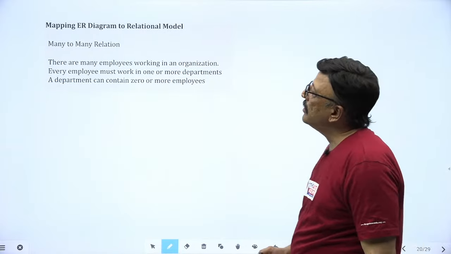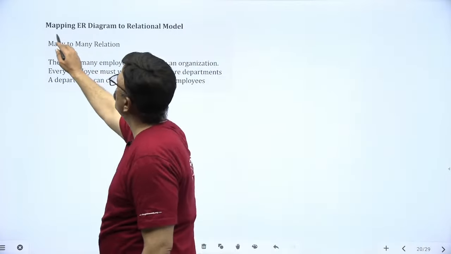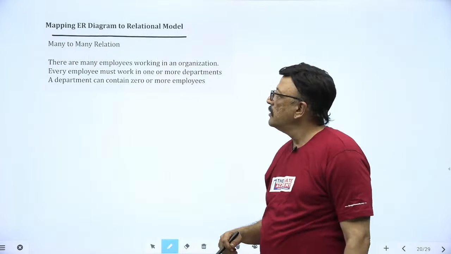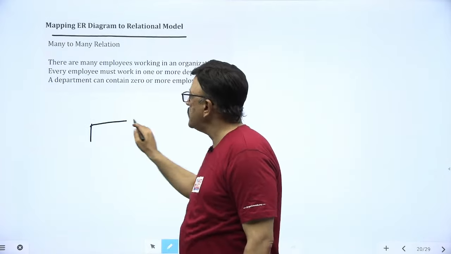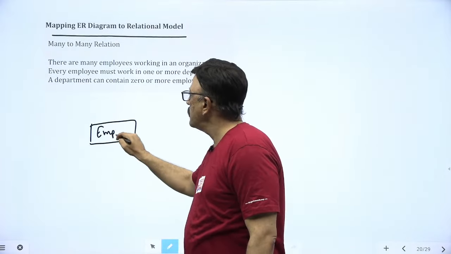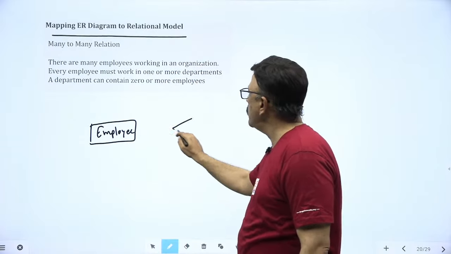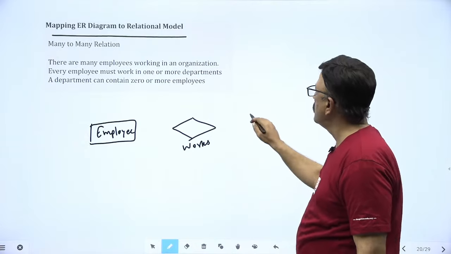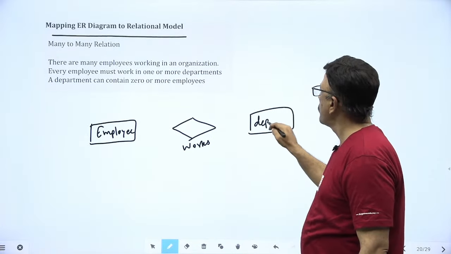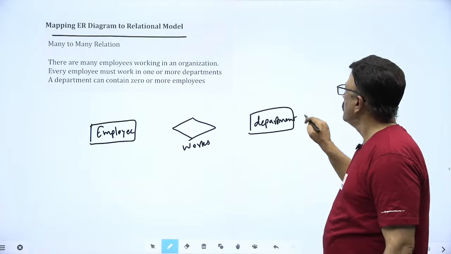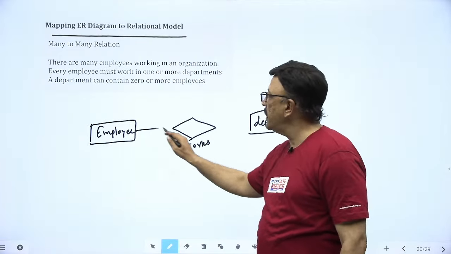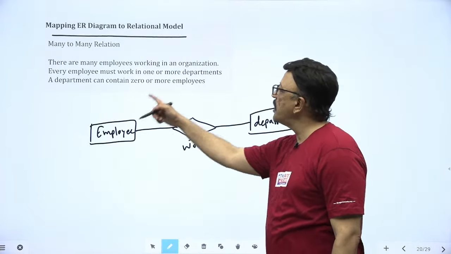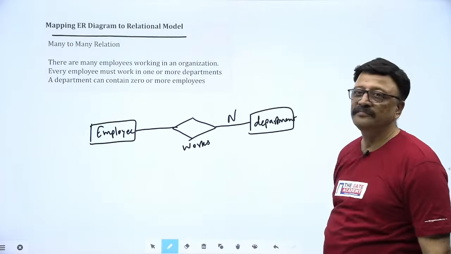Now we are still understanding how to map ER diagram into relational model. You recall this ER model that we saw, say half an hour back. Employee works for department, and our employees working in this organization are miserable because an employee may work for many departments.